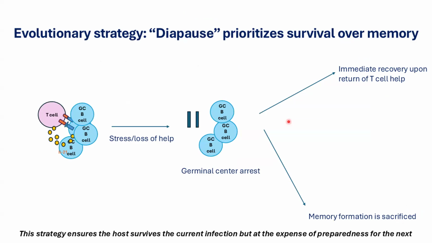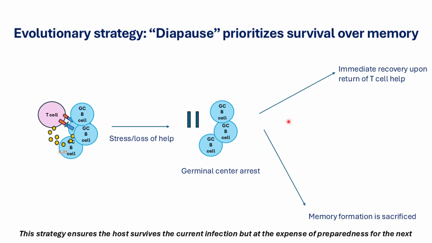We think this pausing of the germinal center response might be an evolutionary strategy. So a lot of lower invertebrates and some embryos, some mammals during embryogenesis can go through a state of diapause, which is a way of pausing the metabolism and the activities of that cell in conditions of stress or loss of help.